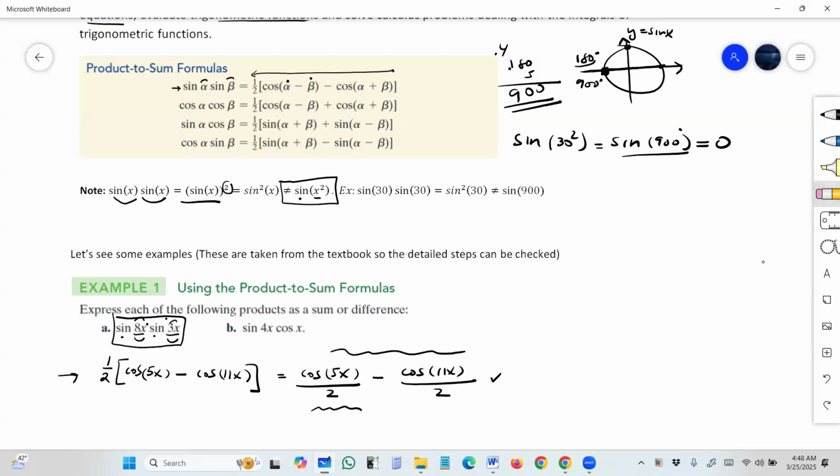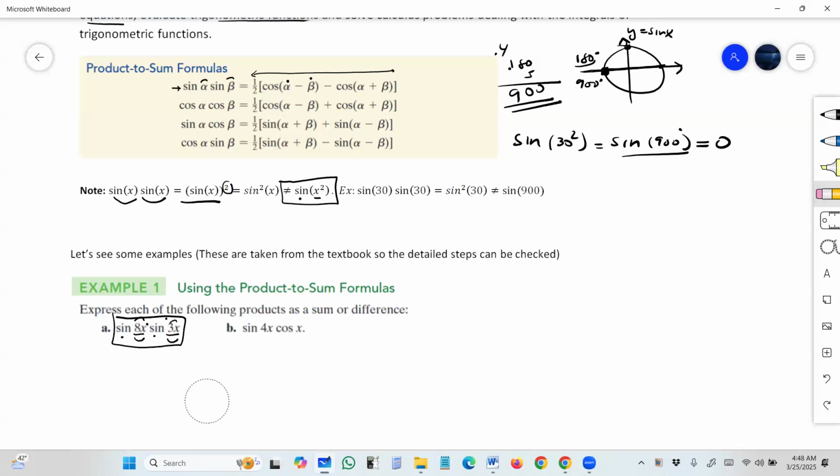Okay, let's take a look at the second one. Let's do one with sine and cosine. First we identify which formula we need to use. So sine and cosine is this one right here.